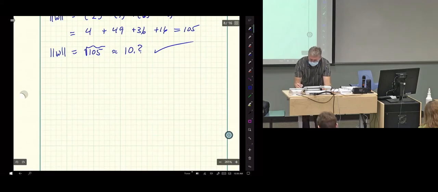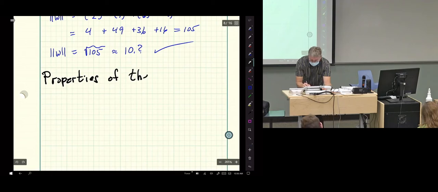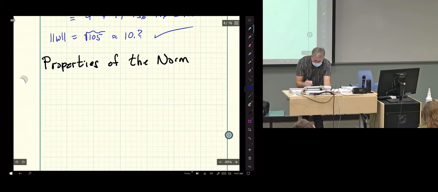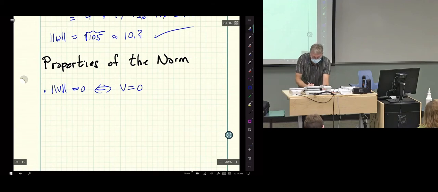Some simple properties. The norm of a vector equals 0 if and only if the vector equals 0.